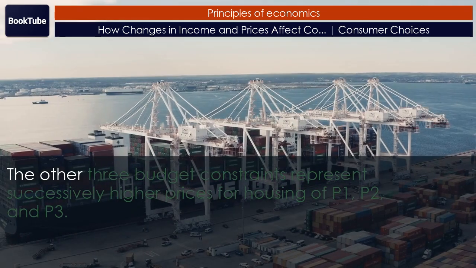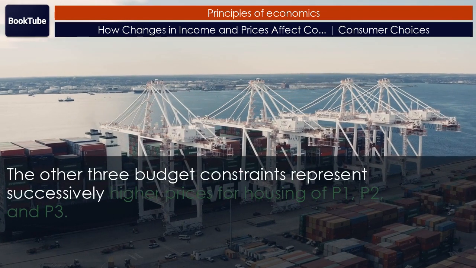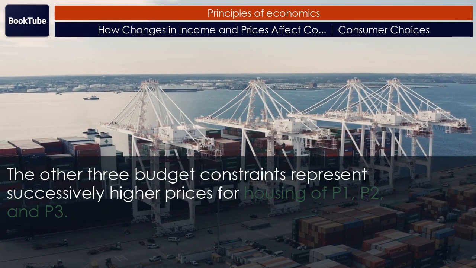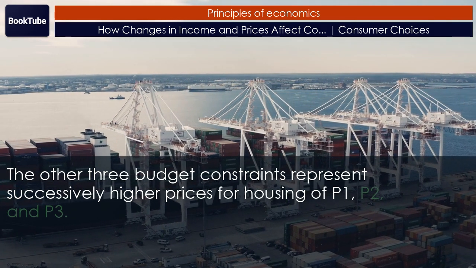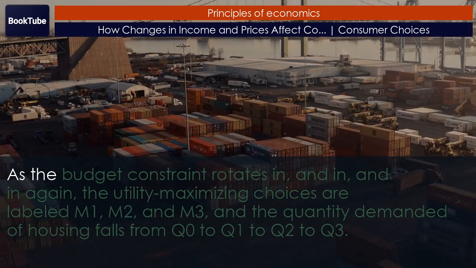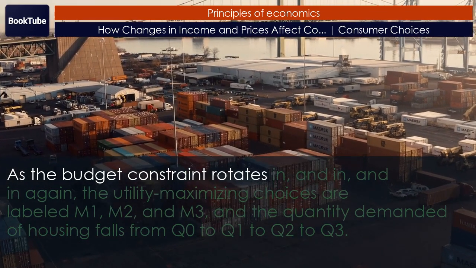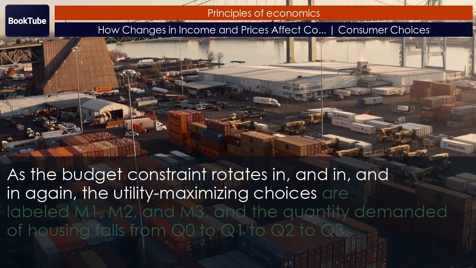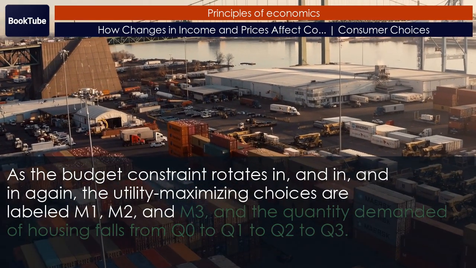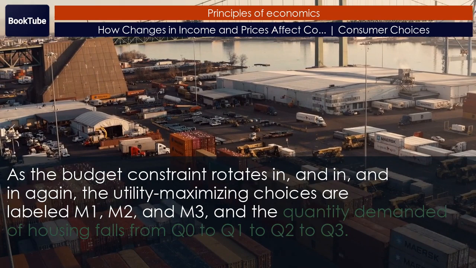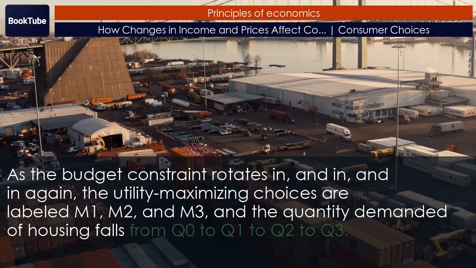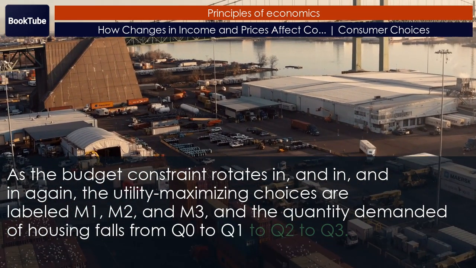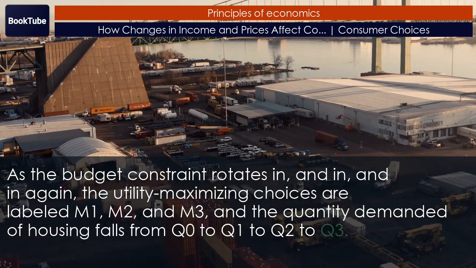The other 3 budget constraints represent successively higher prices for housing of P1, P2, and P3. As the budget constraint rotates in and in and in again, the utility maximizing choices are labeled M1, M2, and M3, and the quantity demanded of housing falls from Q0 to Q1 to Q2 to Q3.